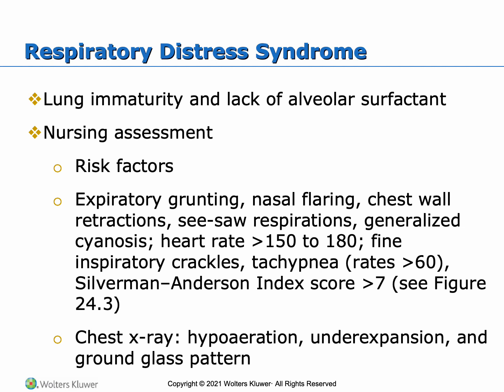Respiratory distress syndrome is a breathing disorder that results from lung immaturity and lack of alveolar surfactant, which keeps the air sacs in the lungs from collapsing and allows them to inflate easily. Without that surfactant, the alveoli will collapse at the end of expiration.